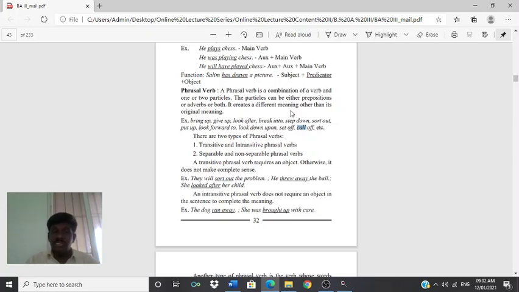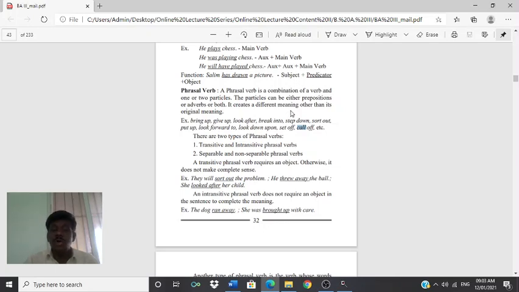So this is what a phrasal verb is. In transitive phrasal verbs, the object is important, otherwise it does not make a complete cycle. Without that it is not completed.